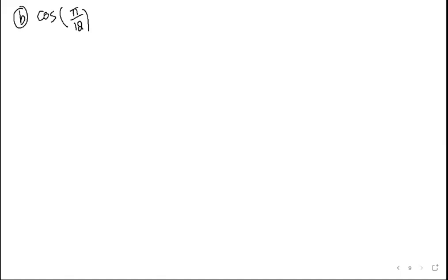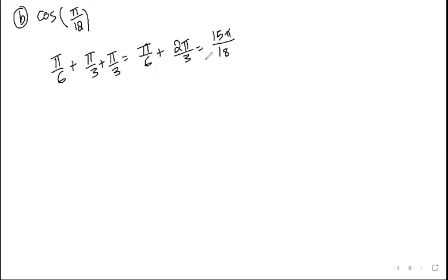Pi over 6 plus pi over 3 plus pi over 3. And that gives me what? Pi over 6 plus 2 pi over 3, which is equal to 3 plus 12, 15 pi over 18. And this is not the same as pi over 12.